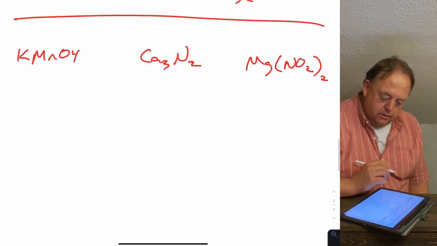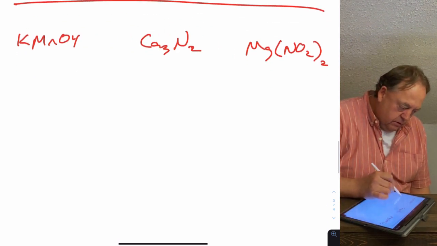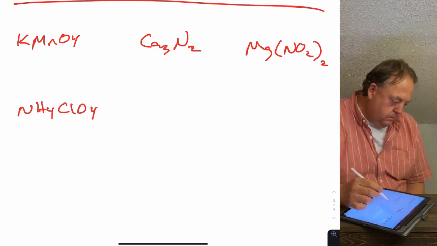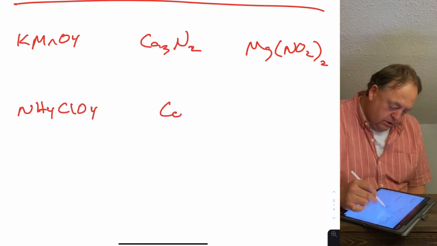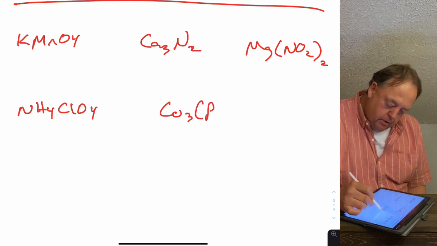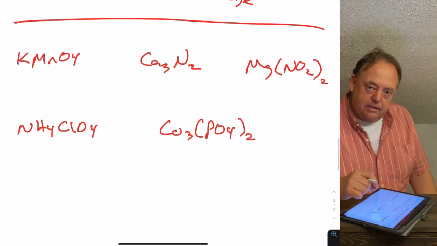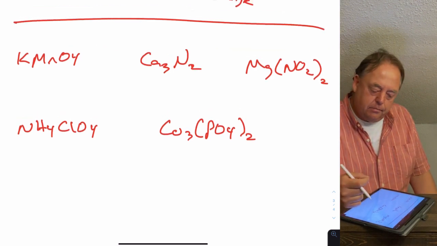So if we assign the oxidation numbers for each of these, NH4ClO4, Co3(PO4)2. So every single element in a compound gets an oxidation number.